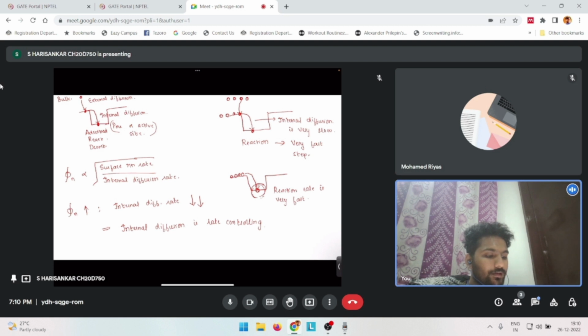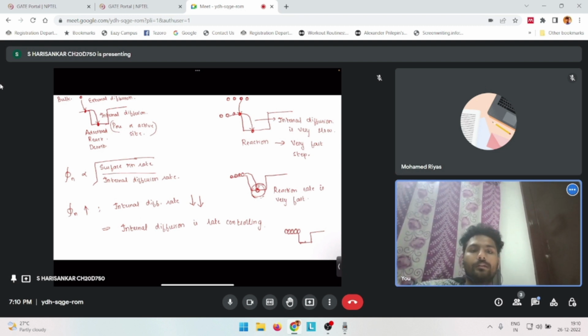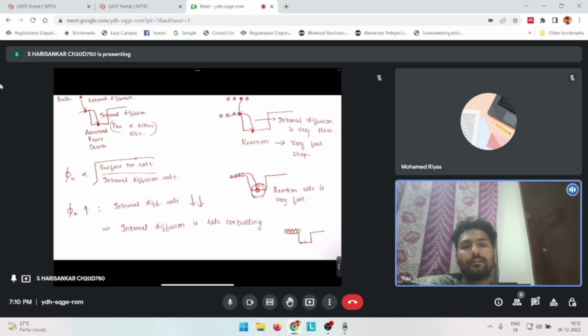Rather, they'll be looking at the particles which are on the external surface of the catalyst. So when an observer looks, there will be only particles on the external surface. There will be nothing inside the active site, because whatever is getting adsorbed into the active site is reacting very fast because the reaction rate is very high.